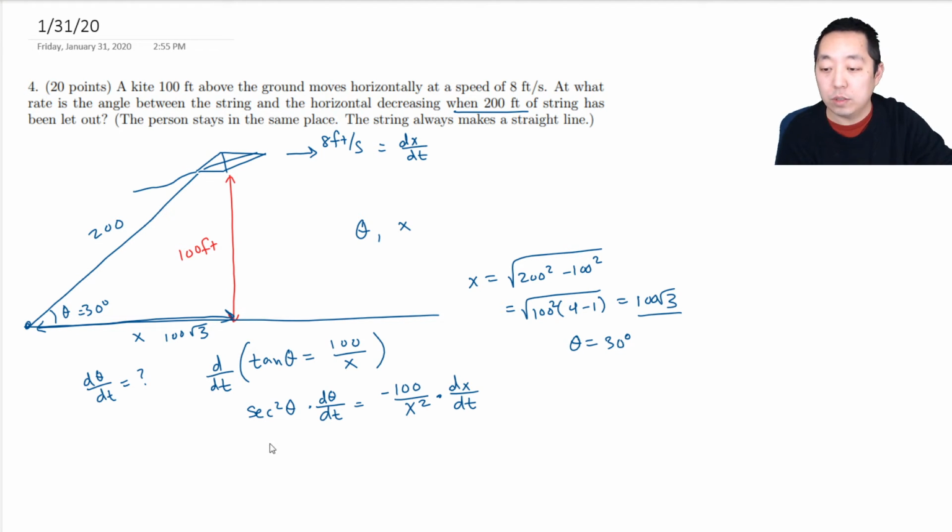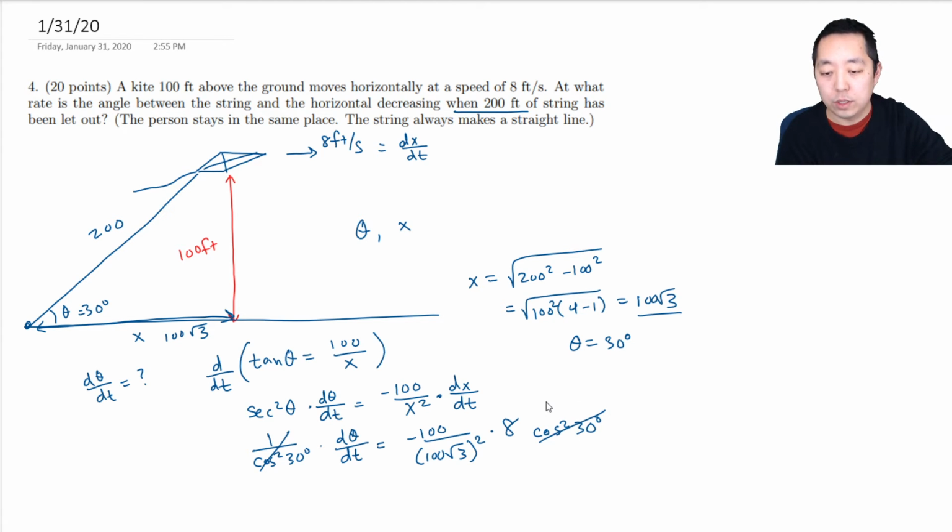And then I know secant squared, that's 1 over cosine squared of 30 degrees, times dθ/dt is equal to negative 100 over (100 root 3) squared times dx/dt, which is 8. Cosine of 30 is root 3 over 2. So I'm going to multiply by cosine squared of 30 degrees to get rid of it on this side.